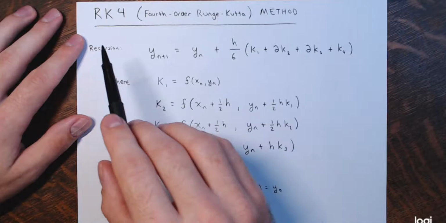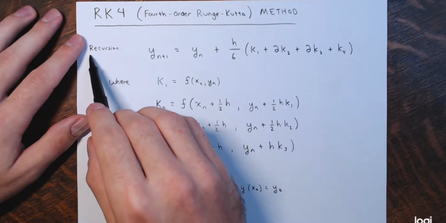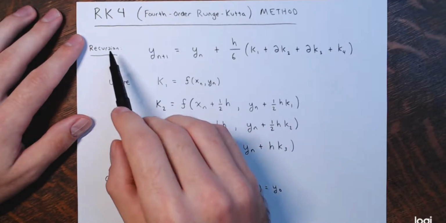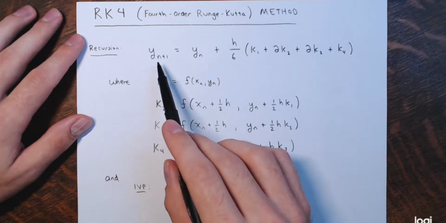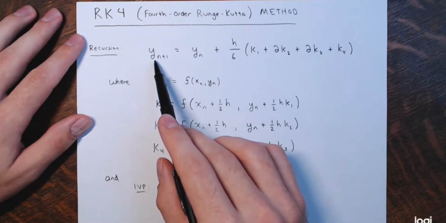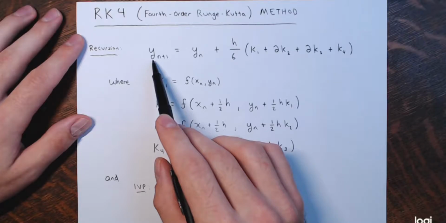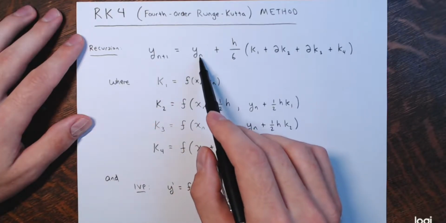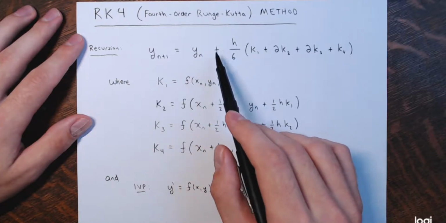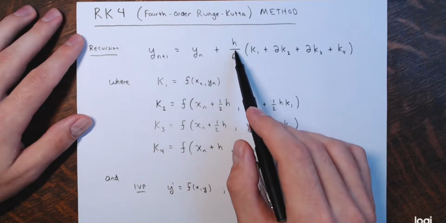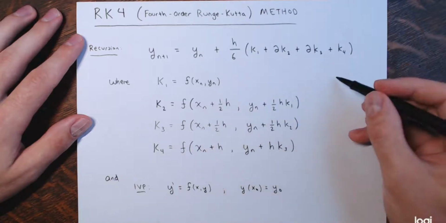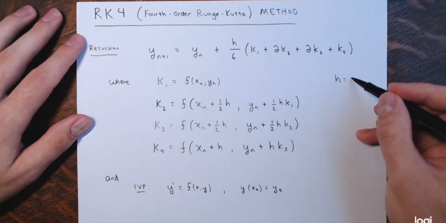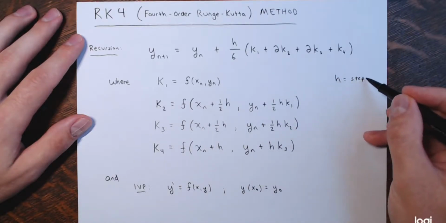The recursion formula for Runge-Kutta 4: the n plus first y coordinate, y sub n plus 1, equals y sub n plus h divided by 6. Remember, h was the step size.